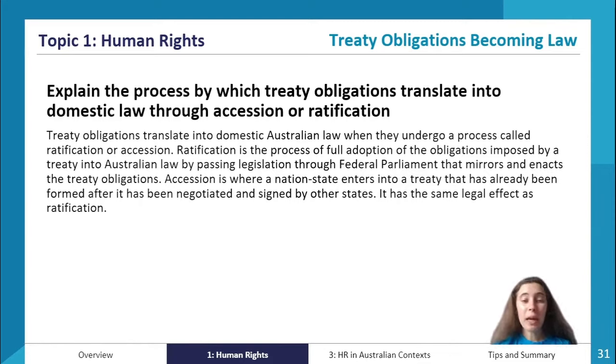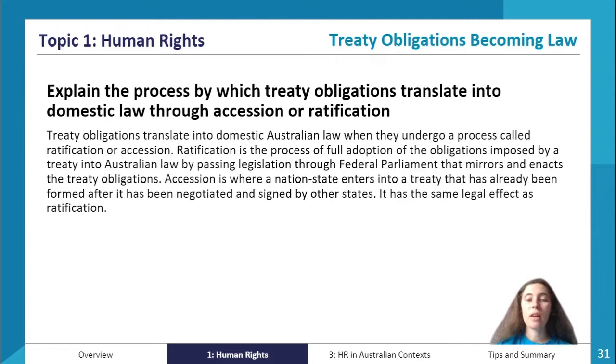So, treaty obligations translate into domestic Australian law when they undergo one of two processes. It could be ratification or it could be accession. So, ratification, like we've mentioned, is the process of fully adopting the obligations imposed by a treaty into Australian law.